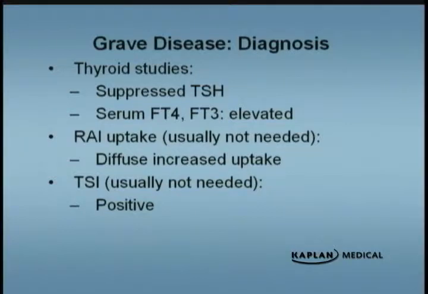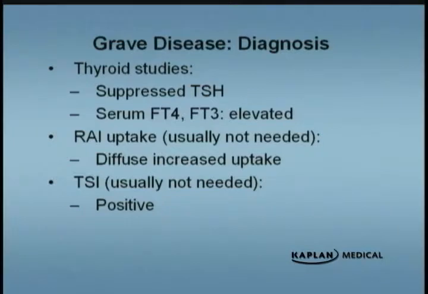You may do that, but generally for diagnostic reasons, it doesn't help us, only in the rare cases. Despite doing all the other stuff, the radioactive iodine, if we still have a question about the diagnosis, we may do the thyroid stimulating immunoglobulins to confirm the diagnosis, but generally speaking, it's not needed. But yes, if you do them, they're positive in about 95% of the cases.